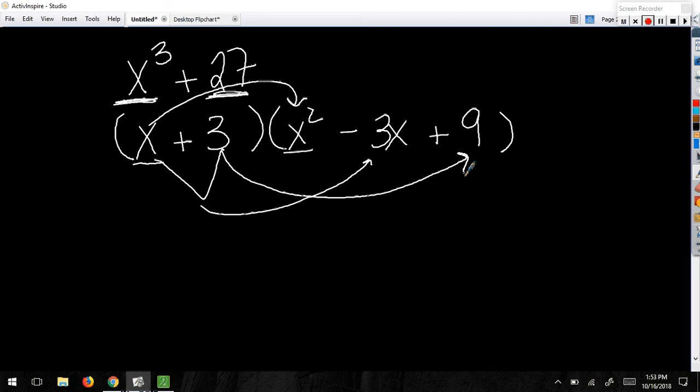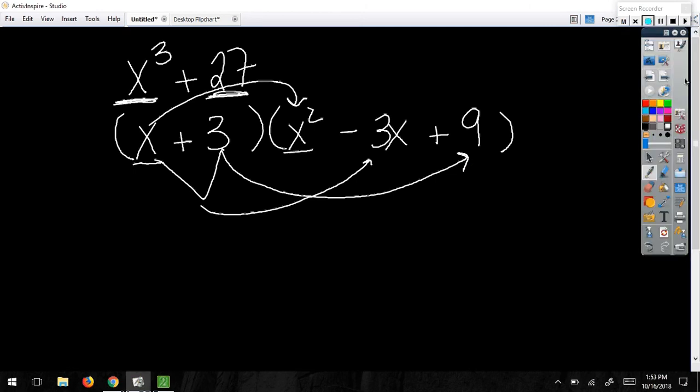Okay? Let's do another. There's a grouping, but we've really already grouped. We're just going to group with an extra term. I don't want to make it hard just yet.